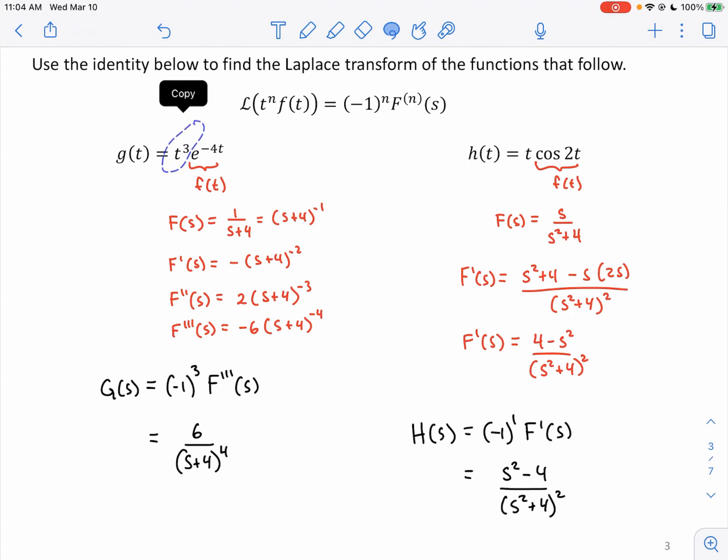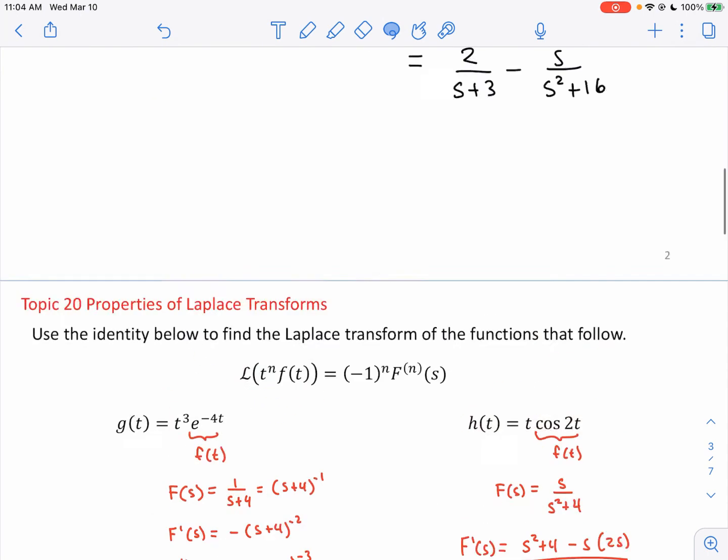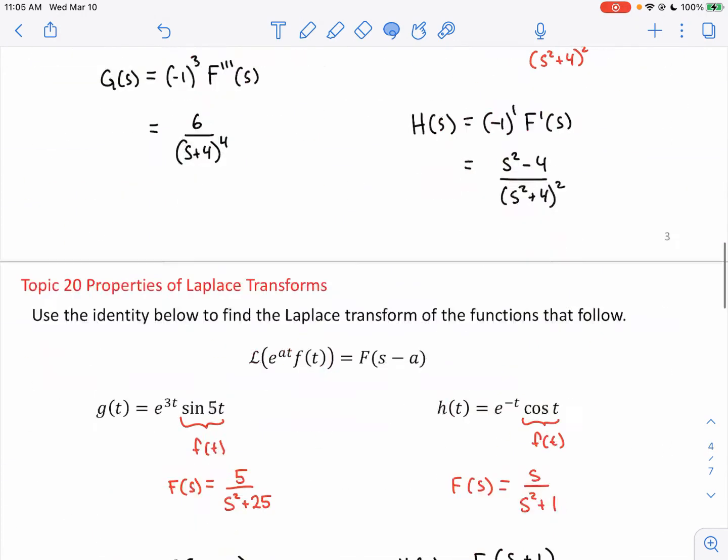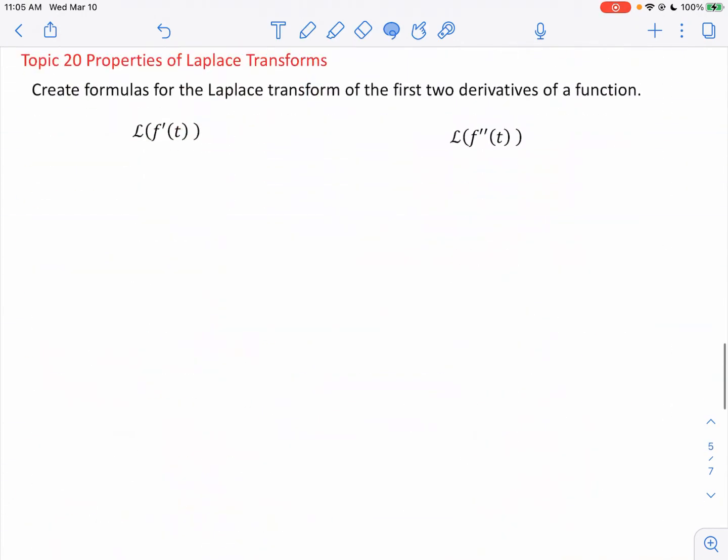So in other words, 6 over s to the 4, and then evaluate that at s plus 4. And that's what gives you this 6 over s plus 4 to the 4. So it's just another way that we could have done the Laplace transform of this. You could have done it using this idea, or in this case, you could have done it using this idea. All right, let's continue with our work.